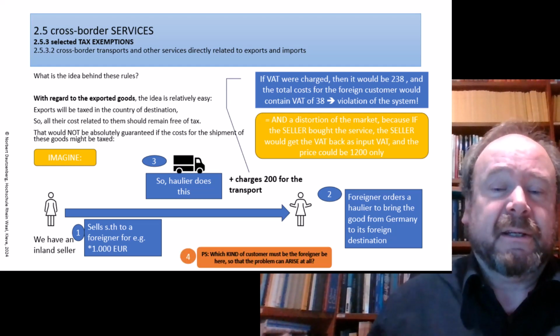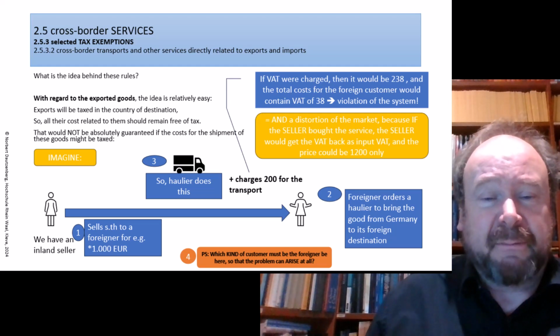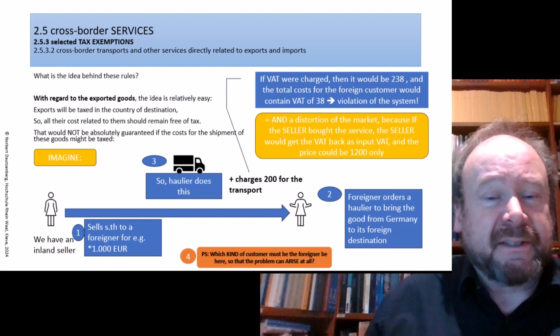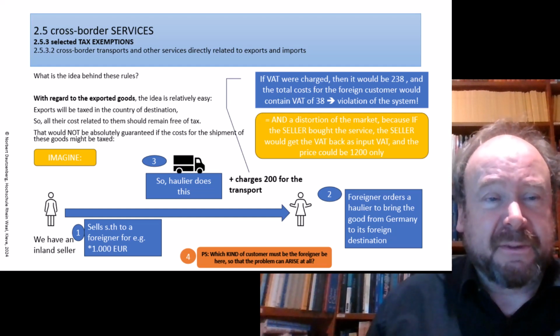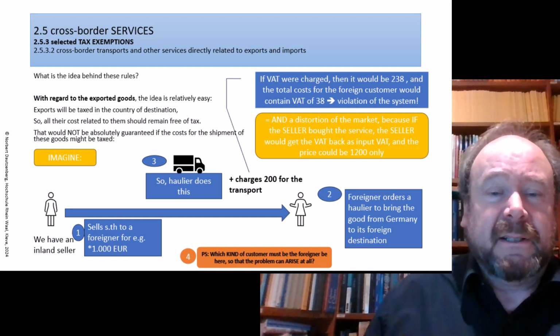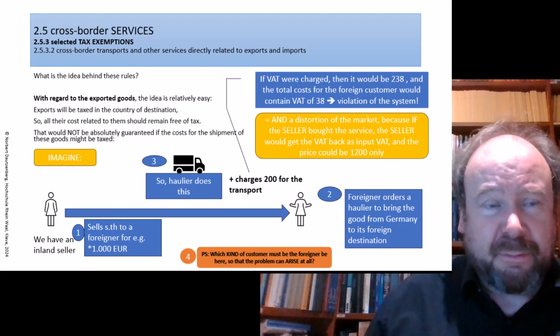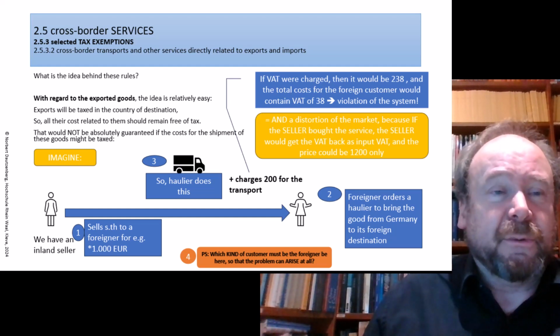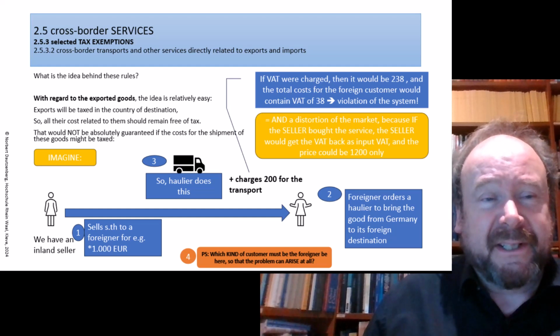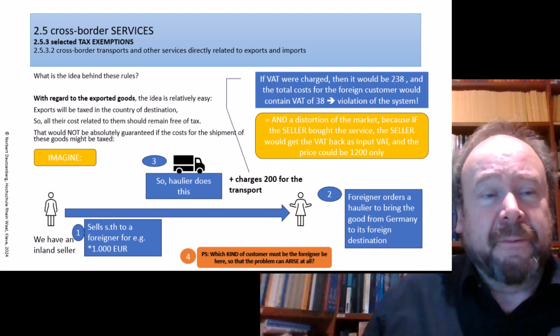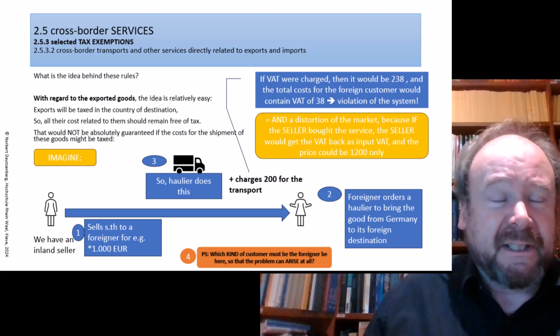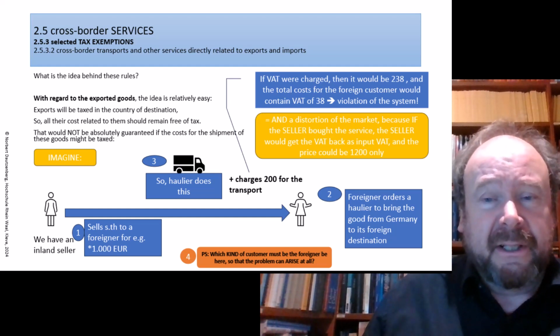Note, by the way, that this example can only work with a certain kind of customer, because when it came to taxability, we already said that the first thing is usually to check if the place of the service is in the inland. So if the foreigner who orders the service of the haulier is a foreign entrepreneur, then the place of service would probably be, under the basic rule of 3a(2), in the foreign country, so no taxability in the inland.